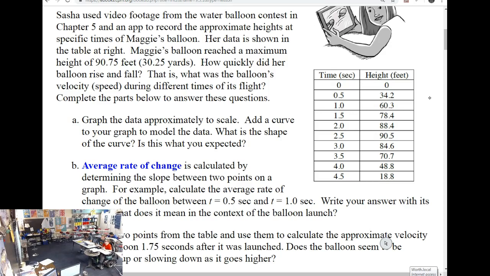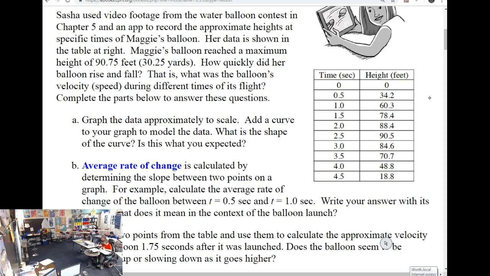Oh, wait, maximum height. We have maximum height given to us. So 2.5 was almost at our max height, right? Just barely not there. Wait, that still doesn't seem... I still don't know if that's perfectly symmetrical.